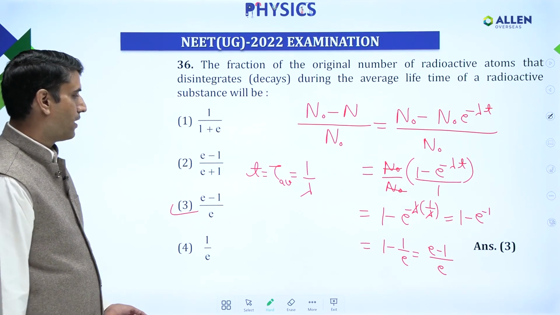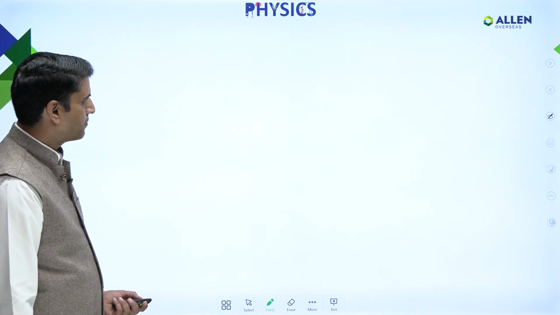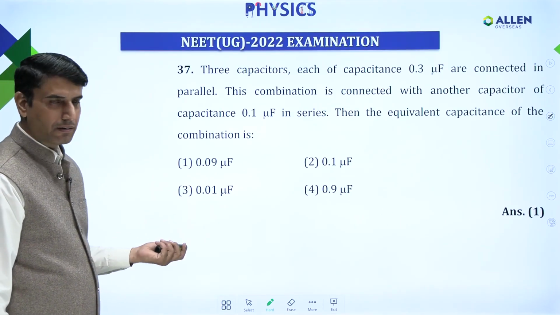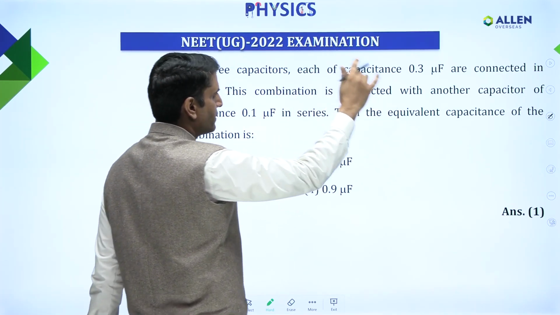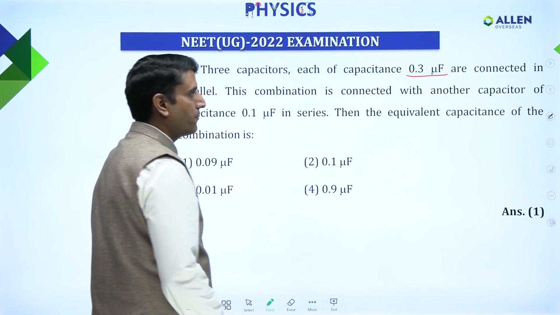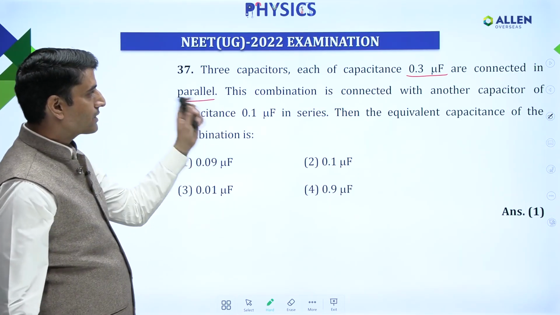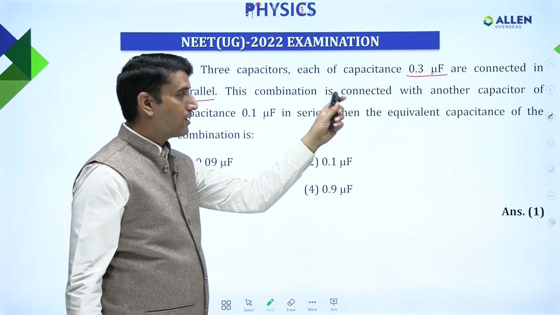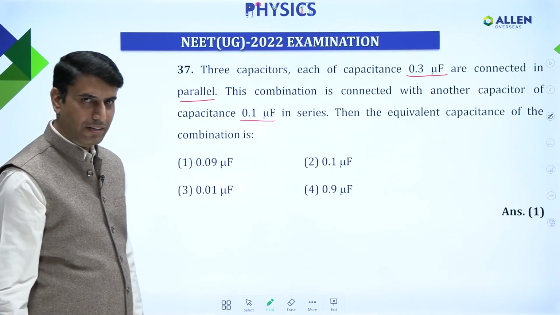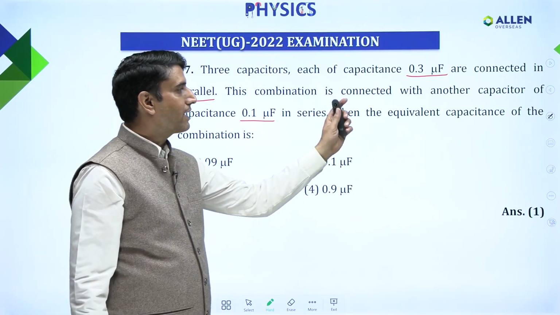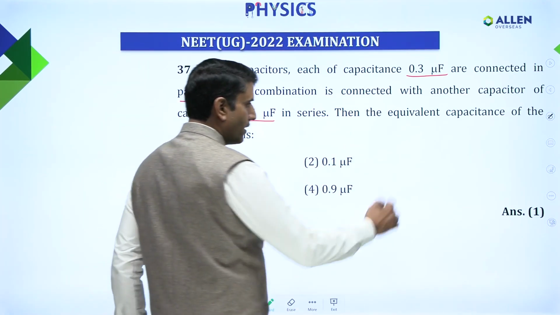Now let us take our next question, question number 37. 3 capacitors, each of capacitance 0.3 microfarad, are connected in parallel. This combination is connected with another capacitor of capacitance 0.1 microfarad in series. The equivalent capacitance of the combination would be. Let us see.